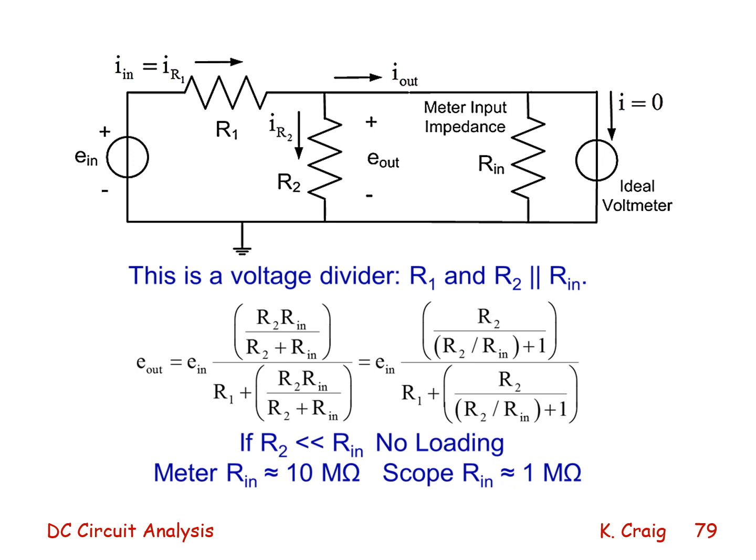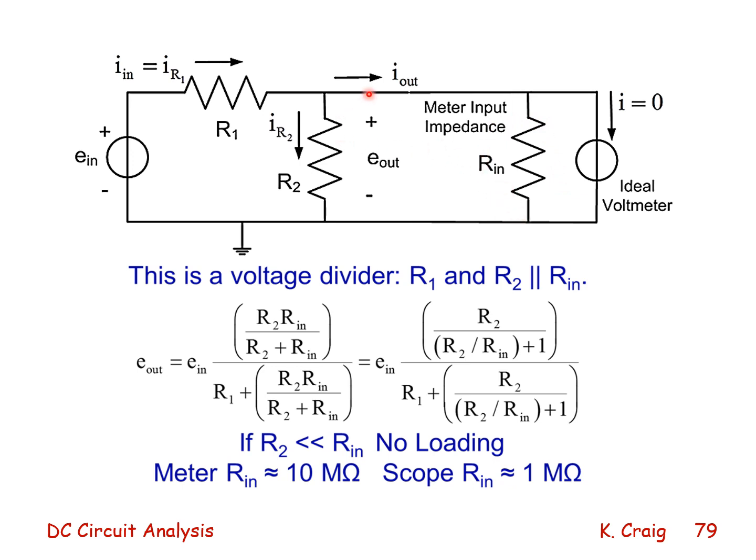Here we show again an ideal voltage source to a voltage divider with a real voltmeter consisting of an ideal voltmeter through which no current will flow and its input impedance shown as R in.